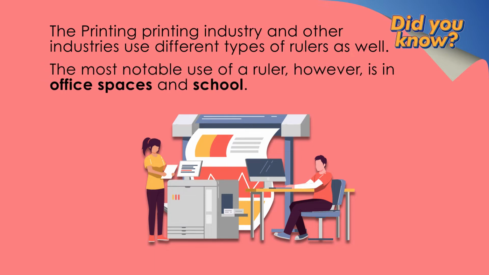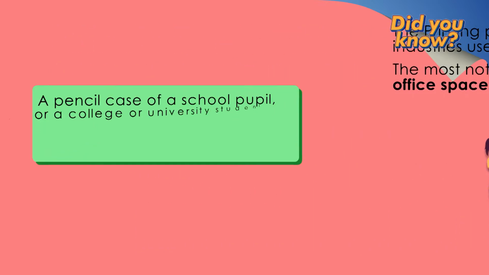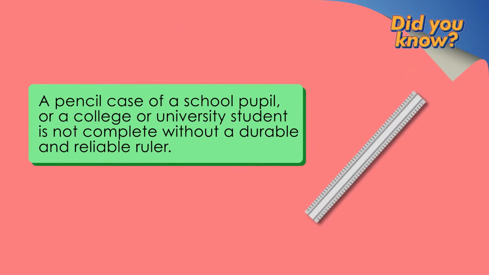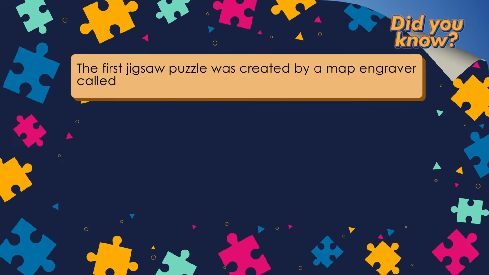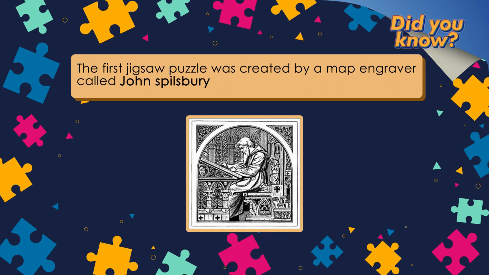The most notable use of a ruler, however, is in office spaces and schools. A pencil case of a school pupil or a college or university student is not complete without a durable and reliable ruler. The first jigsaw puzzle was created by a map engraver called John Spilsbury in 1762.